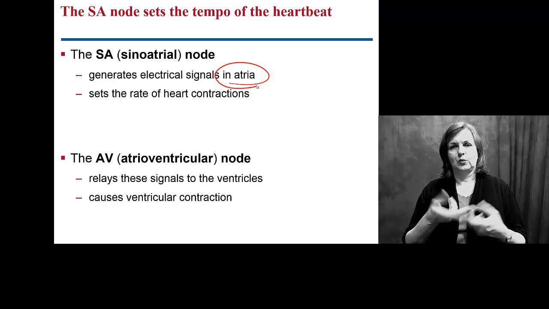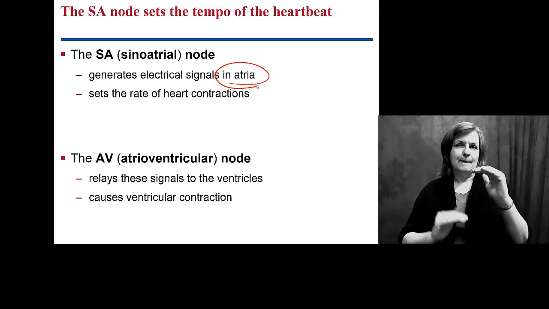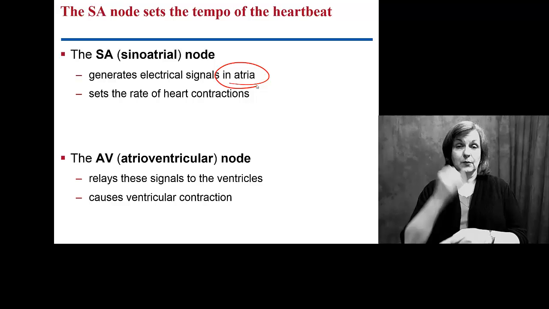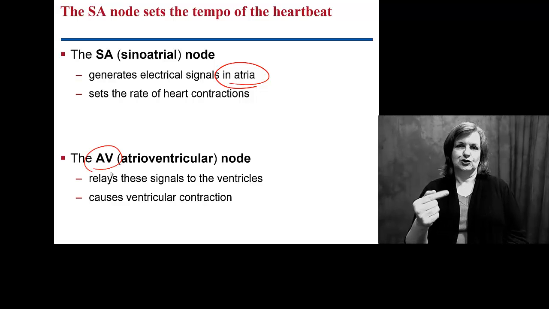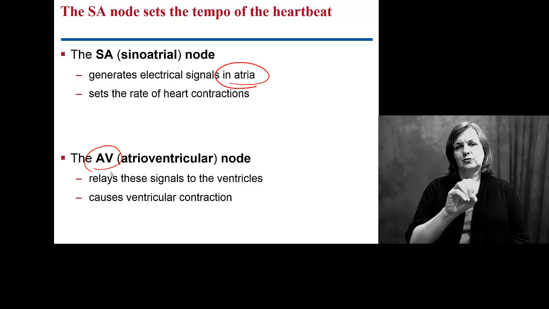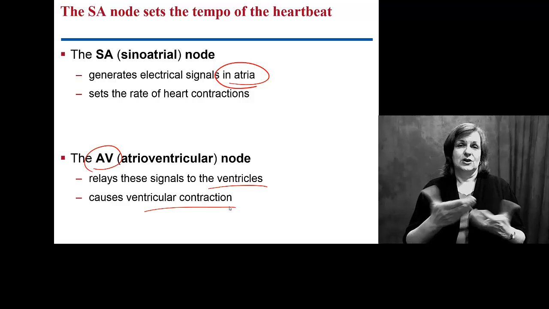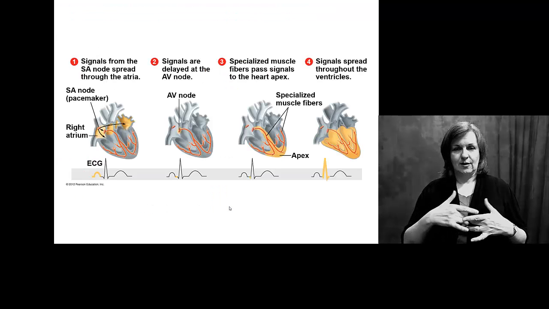Now, this is based on a lot of things, including information from your brain about how much carbon dioxide is in your blood and so on. The AV node, or the atrioventricular node, sends these signals to the ventricles, so the ventricles will then contract.